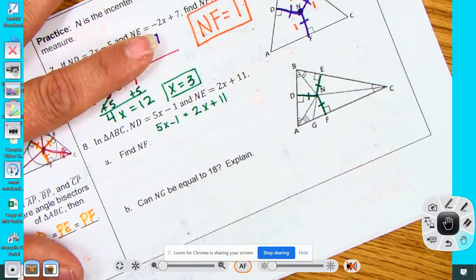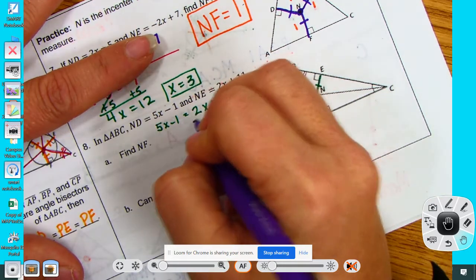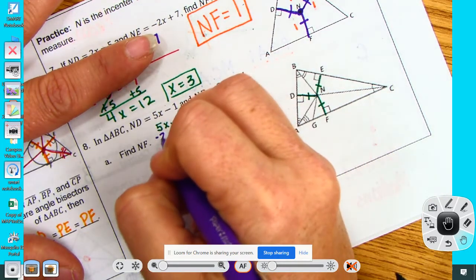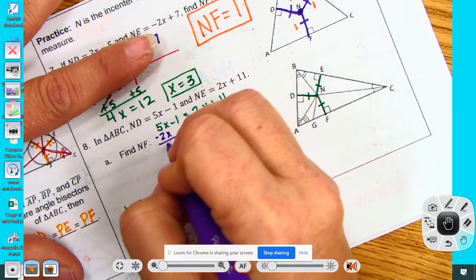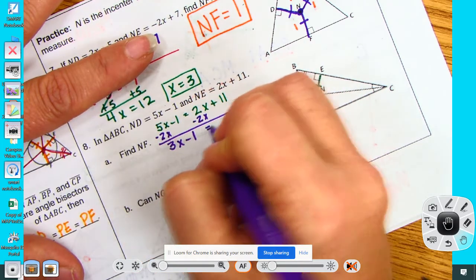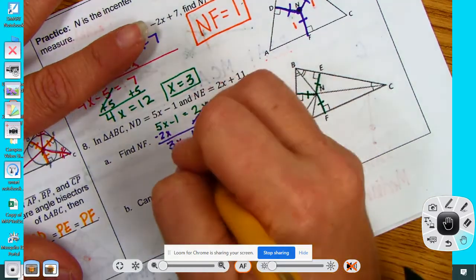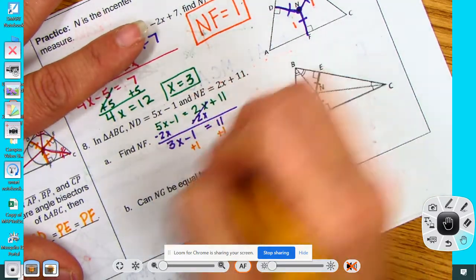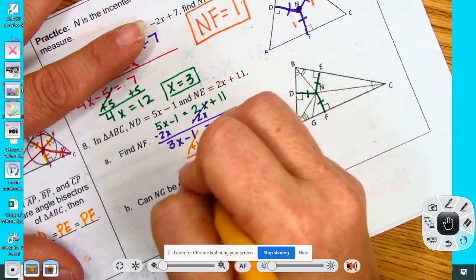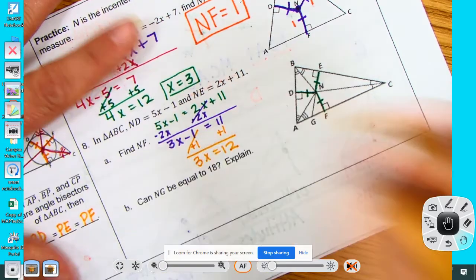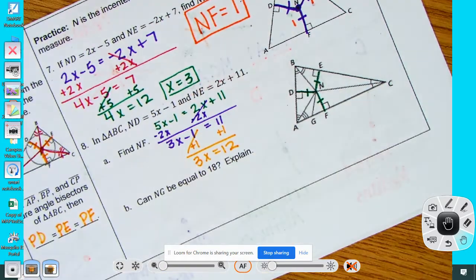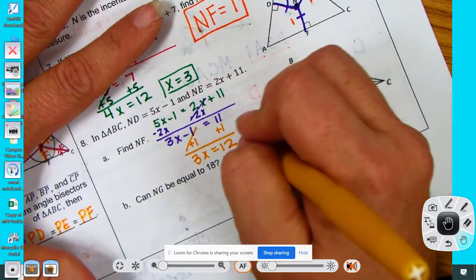If I subtract 2x, 3x minus 1 equals 11. Add 1. 3x equals 12. So that makes x 4.